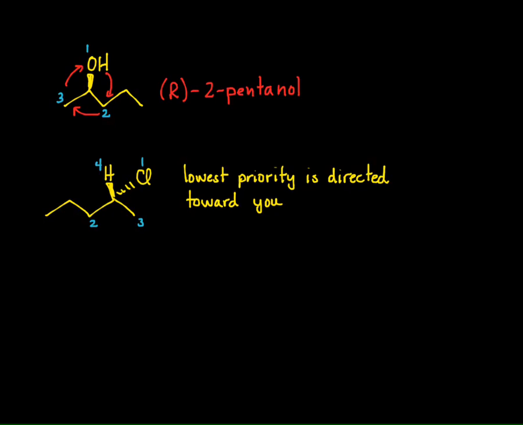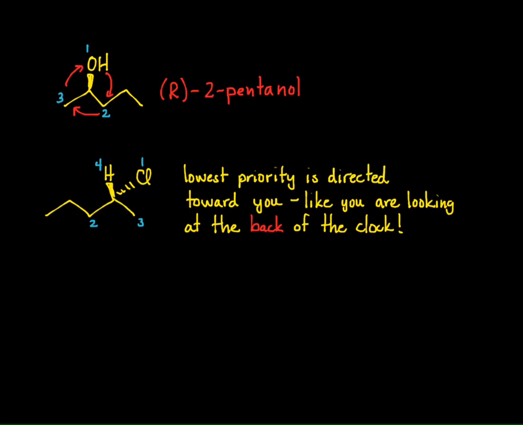And if you've ever looked at the back of a clock, you see that the hands don't move clockwise. The second hand looks like it's moving counterclockwise. So this is exactly like looking at the back of a clock, and if we realize that, we can see what orientation we're going and simply reverse it.